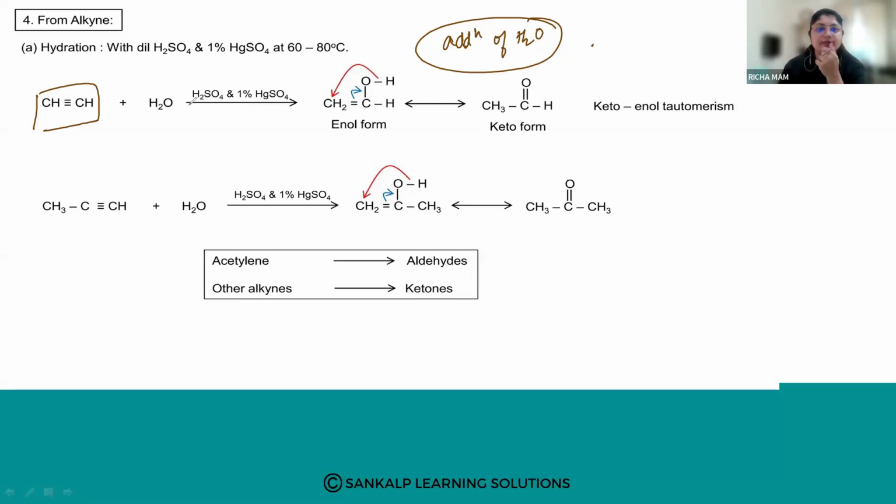And this is in the presence of HgSO4 and H2SO4. So in the presence of this HgSO4, that is your mercury sulfate, and in the presence of sulfuric acid, you can do the hydration.